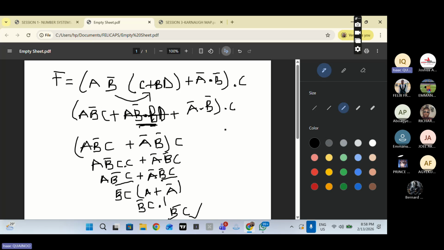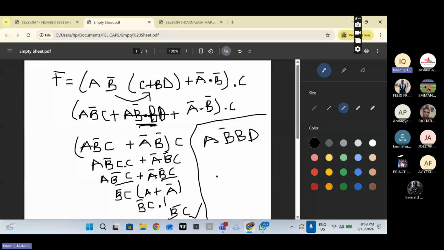Okay, so we now had this particular scenario, which is A. Let me partition this so that it does not enter. So we now had this scenario here, which is A, then we had B, D. If you remember our commutative property, we know that AB is equal to BA.